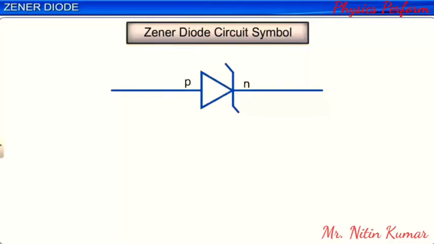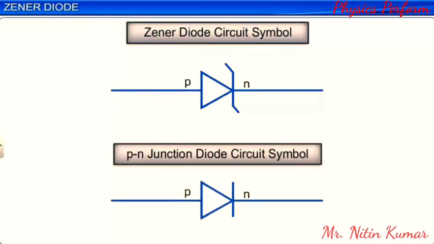Although it is similar to that of a p-n junction diode, the major difference is that two small projections in opposite directions are added to the line on the n side of the p-n junction circuit symbol. The pointed edge of the triangle indicates the n side of the diode, and the base of the triangle indicates its p side.